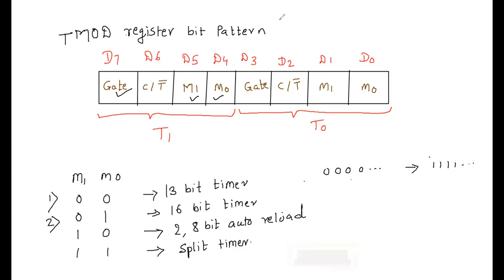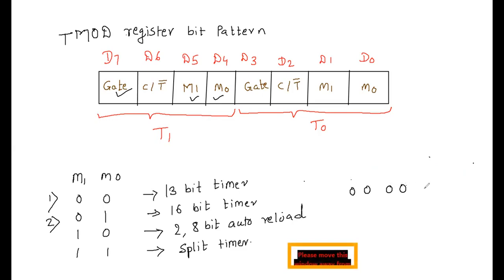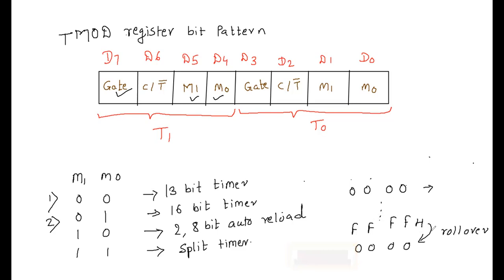It will start counting from 0000 and go up to the maximum, which in hexadecimal is FFFF. When it reaches the maximum, with all bits 1, that is F in hexadecimal, it will roll over and become 0000 again. While doing this, it sets the timer flag inside the TCON register to 1, and that will generate the corresponding interrupt.